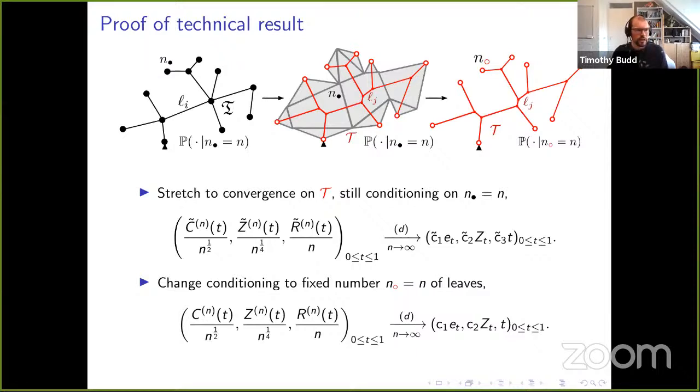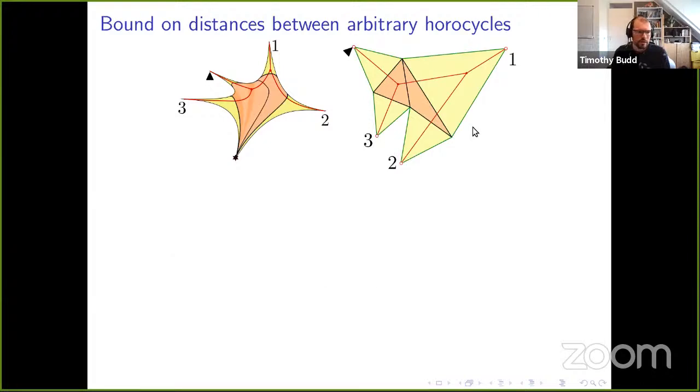Now, as soon as we know that distances and the contour process of our final kind of encoding tree converges to the Brownian snake, the main extra ingredient one needs to prove convergence to the Brownian sphere is a bound on distances between arbitrary pairs of horocycles.